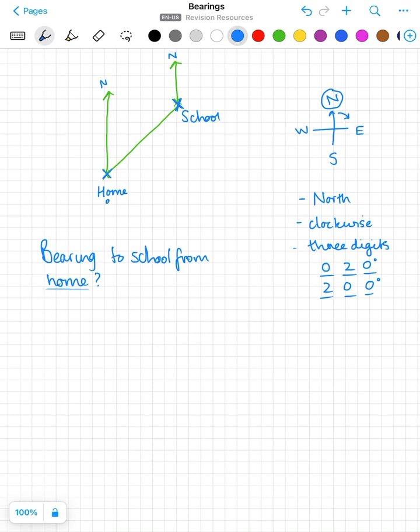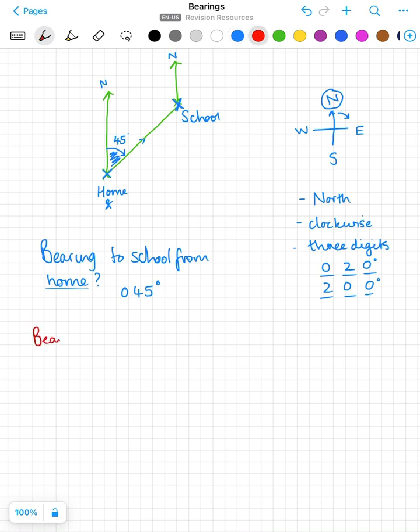So here we are, we imagine we are standing here at home, pointing our compass. We've got our north direction. The angle in which we want to travel is from the north, getting us in that direction that's going to be walking to school. So we would use our angle measurer to measure that angle in there. So let's just imagine that that is 45 degrees. Our bearing would be 045 degrees.